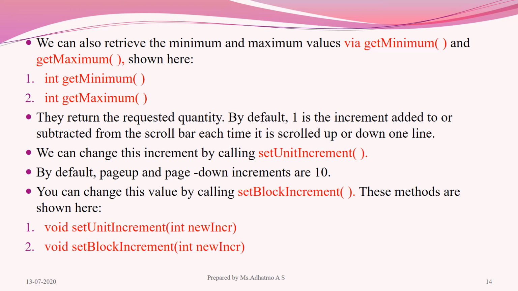You can change this value by calling setBlockIncrement. These methods are shown here. First, void setUnitIncrement by passing the new increment value in integer form, and second one is setBlockIncrement by passing the new increment value in integer form. So by using these two methods, we can change the increment value.